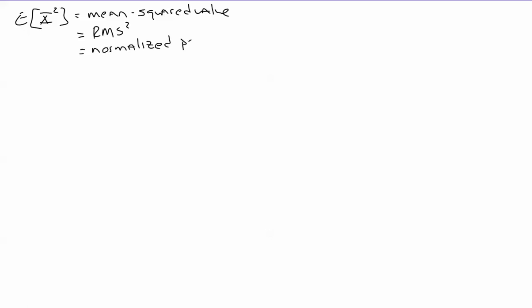Let's talk now about the mean squared value as normalized power. So let's think about something hopefully you've seen before. Recall a simple circuit.